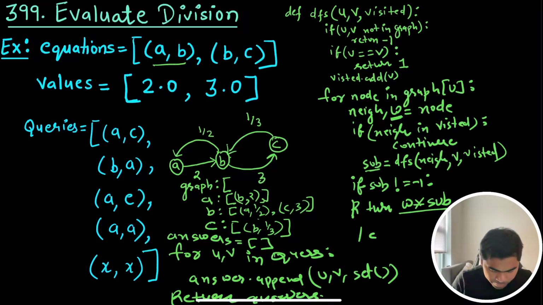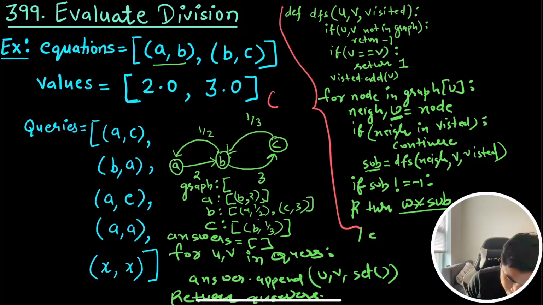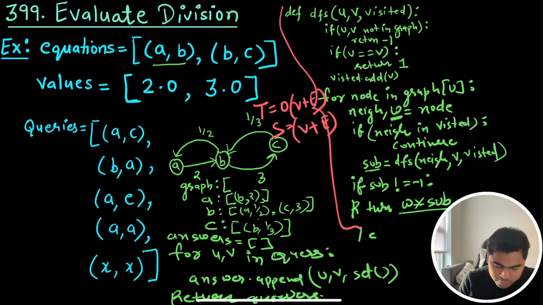By the way, the time complexity of this particular DFS is big O of V plus E, and the space complexity is also V plus E. But remember, I'm talking only about this DFS.